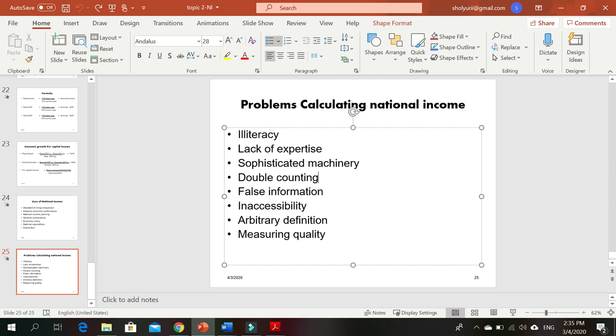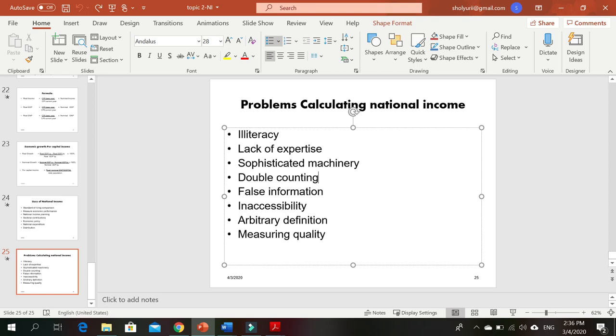In terms of measuring quality, yang ni pun satu lagi problem kita bila kita nak measure national income. Harga emas, for example, emas 916 1 gram, sepatutnya seluruh Malaysia harga emas 916 sepatutnya sama, dia tak boleh beza 1 gram tu. Tapi kita tengok tempat berlainan harga dia berbeza.